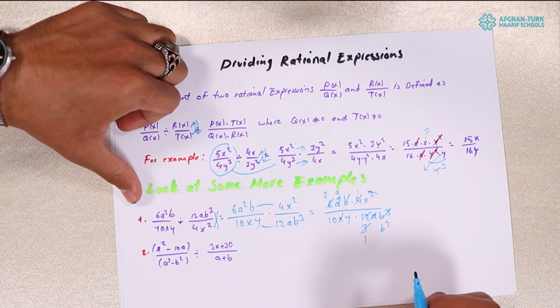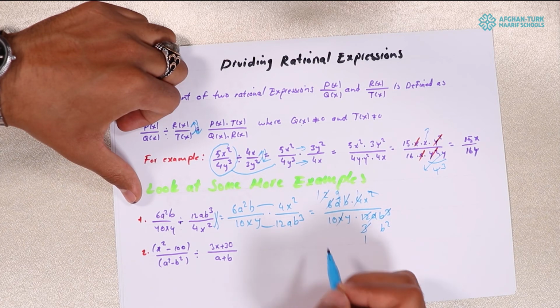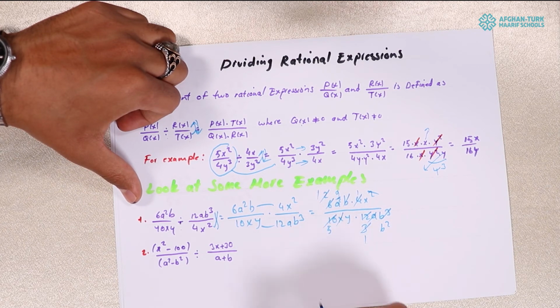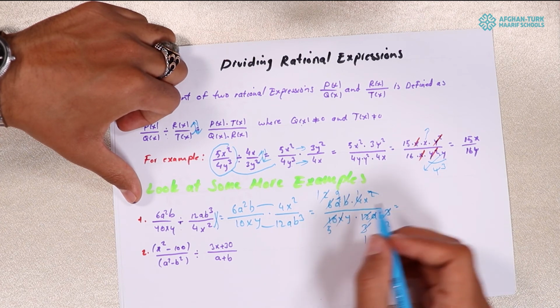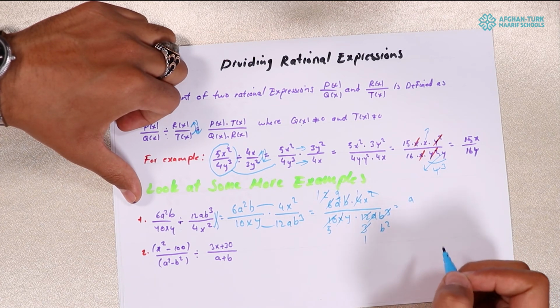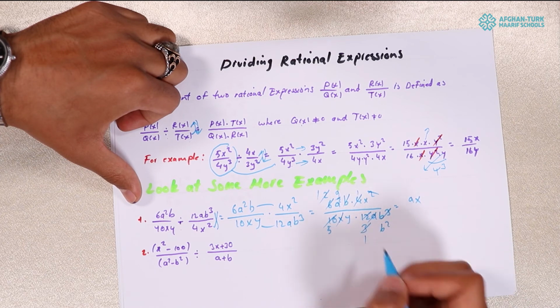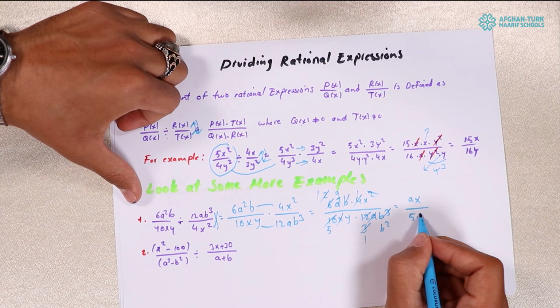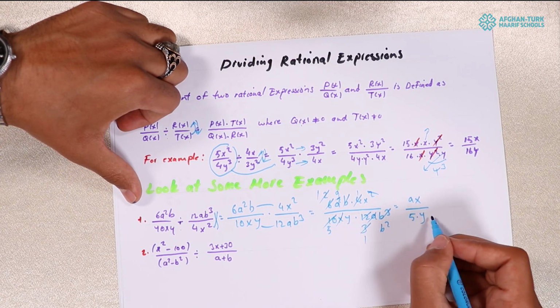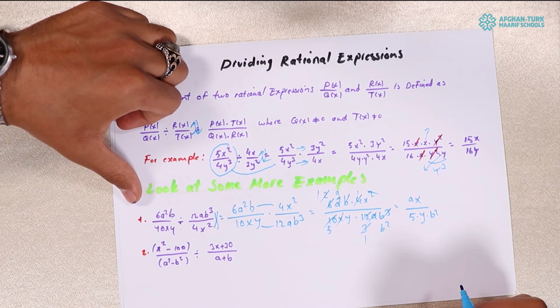Just 1x left from the numerator. So, okay, 1, 2, 2. 5 times 2 is equal to 10. So, what's the answer? We have a. Am I right? We have x here. And also 5 times y times what? B squared.